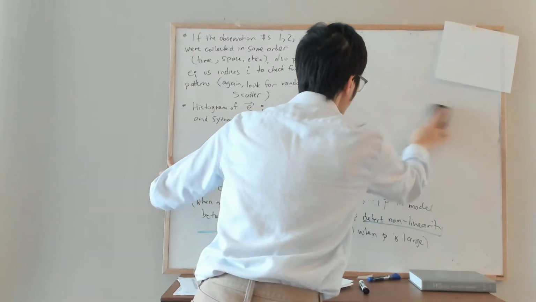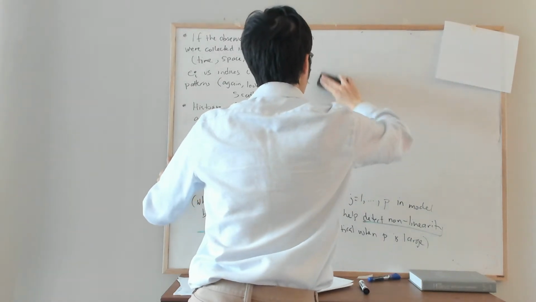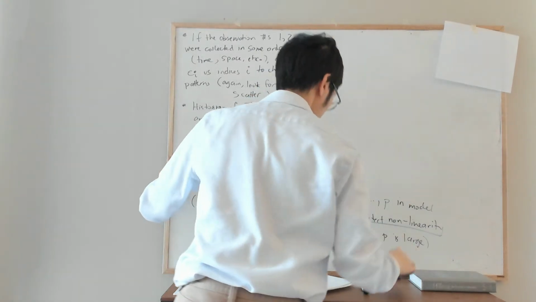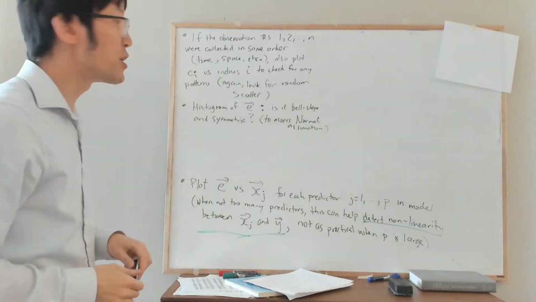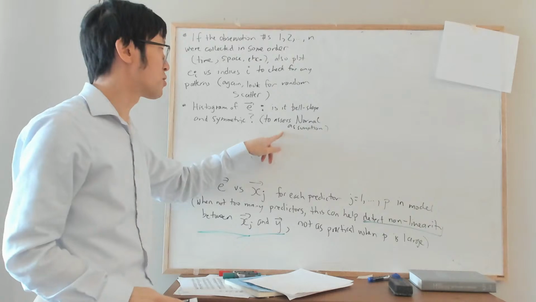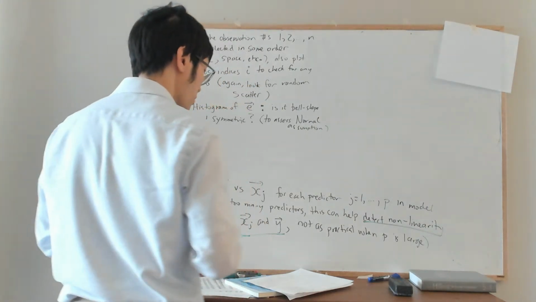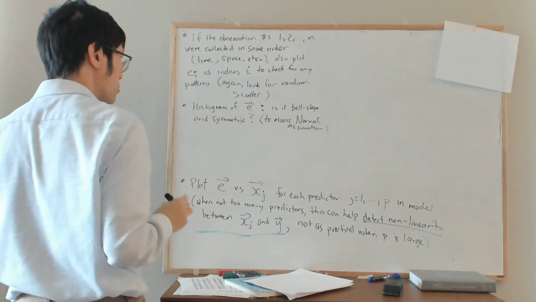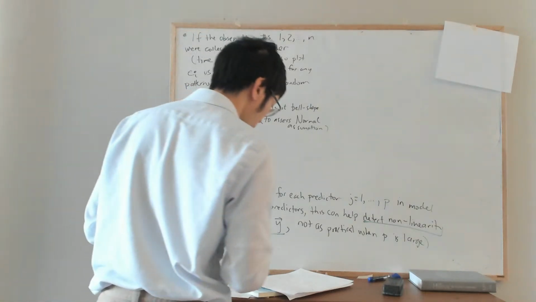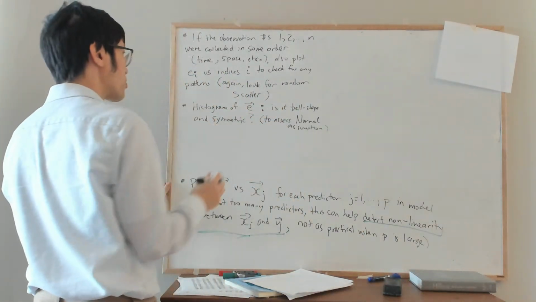So we have a different kind of plot which can more easily detect violations of normality, and the one we'll focus on is called the quantile-quantile plot.